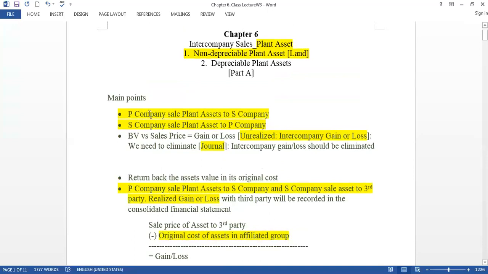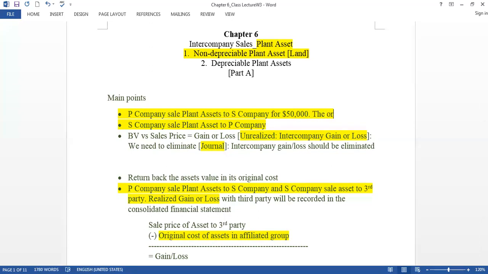So go back to the previous example. P company sells an asset to S company, for example, for $50,000. So here you can see that P company sells an asset to the subsidiary, right? This is the sales price. And I give you another piece of information.